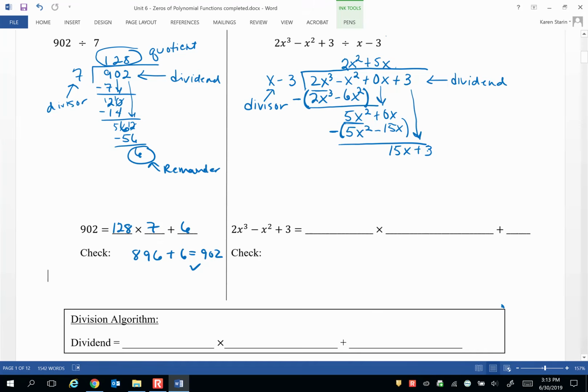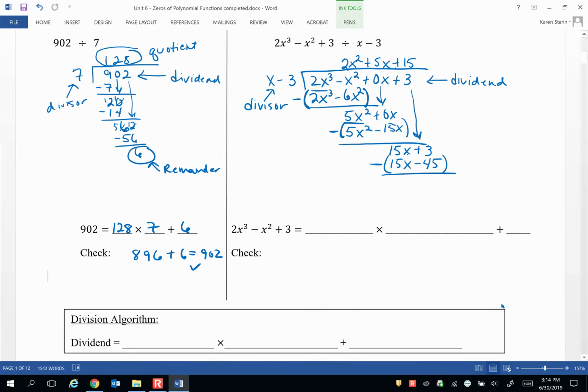Now I look at 15x and I want to eliminate that. I have a leading term in the divisor of just x, so I need a factor of 15 up in the quotient. Then I'm going to distribute 15 times x and 15 times negative 3. So I get 15x and then minus 45. Now remember to subtract both of those terms from the terms above them.